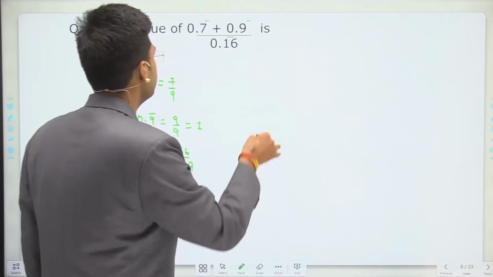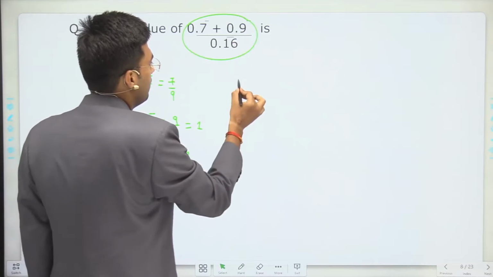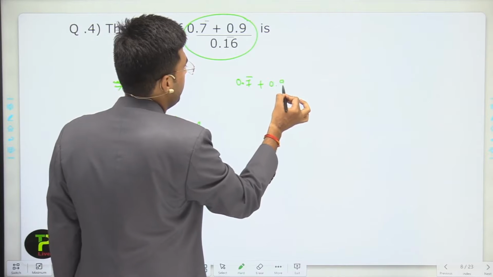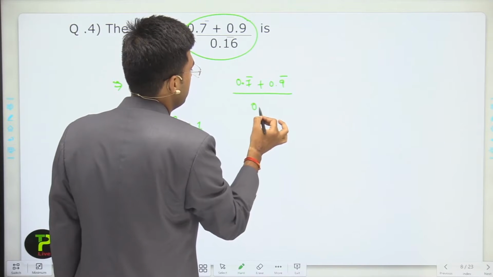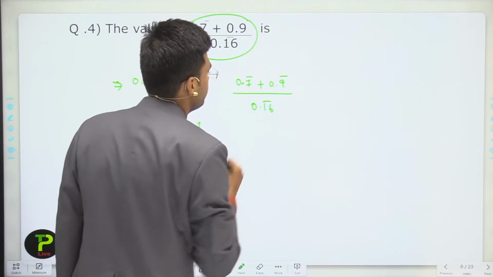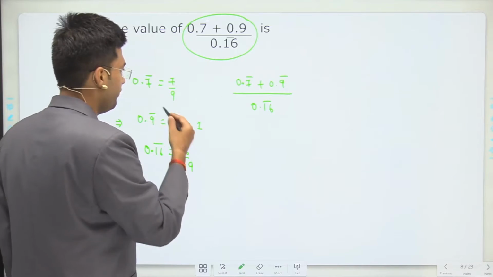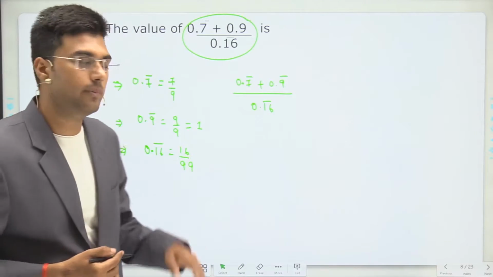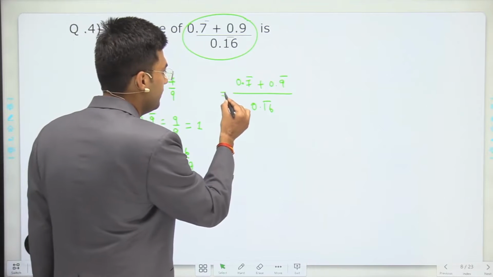Now replace it in this expression: 0.7 bar plus 0.9 bar divided by 0.16 bar. Now when we replace the values of 0.7 bar, 0.9 bar and 0.16 bar, what will we get?